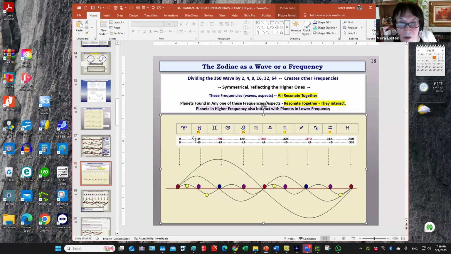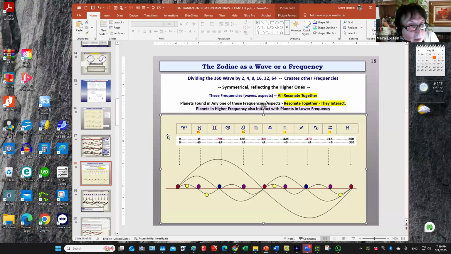They're all on the same frequency. The frequency is 45. In our language, taking it into astrology, they're all in aspect. So these frequencies translate into aspects. They make the wheel resonate.